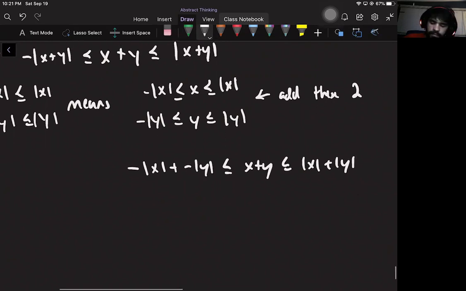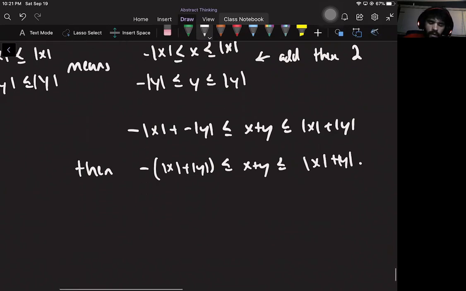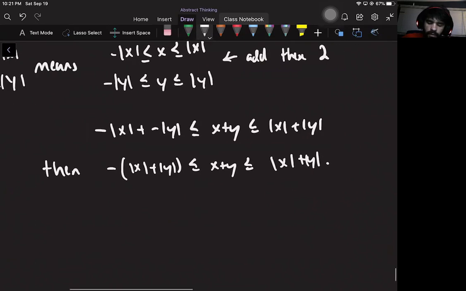So then factor out a negative here. Now I'm realizing I did some other steps for no reason at all. Whoops. This is actually all you need. Okay, so I'll summarize after.